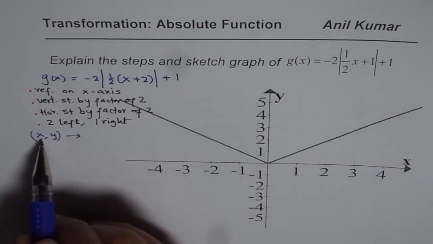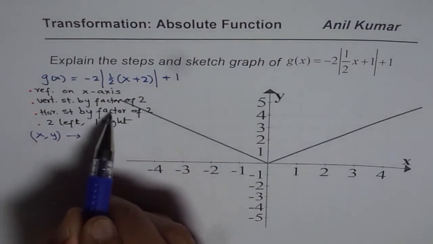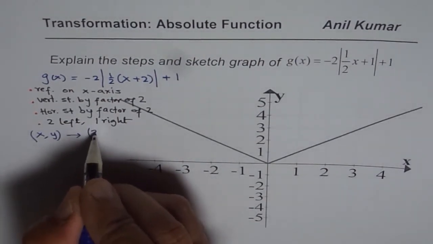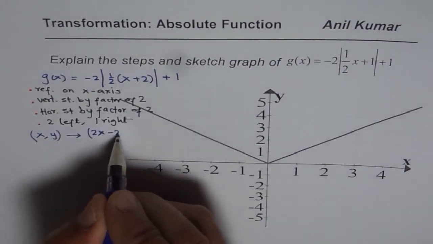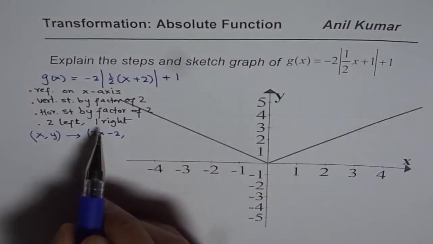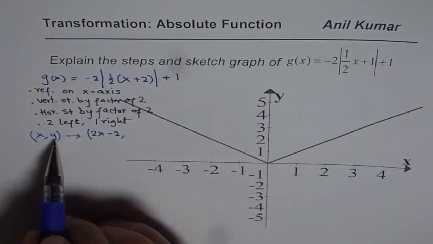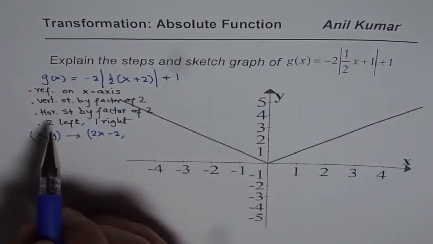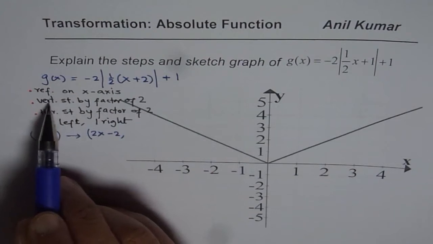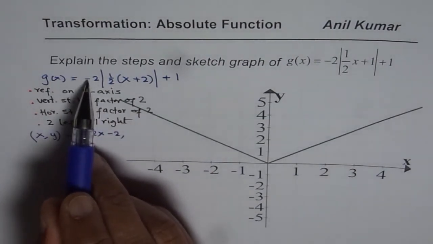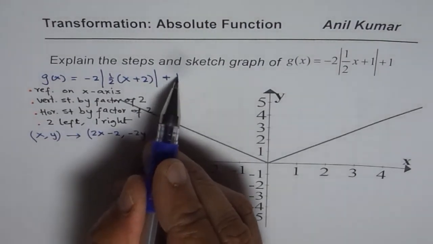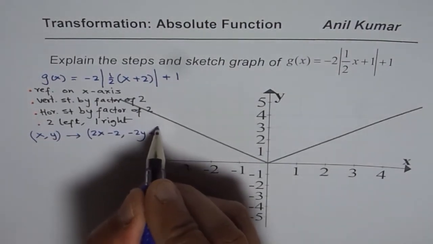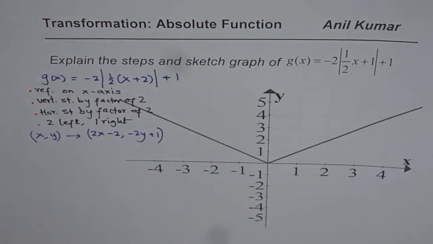As far as x is concerned, it is horizontally stretched by a factor of 2, which means it gets multiplied by 2. 2 units left means minus 2, right? As far as the y coordinate is concerned, reflection on the x-axis and vertical stretch by 2 means multiply y by minus 2. So it is minus 2y, and 1 unit up means plus 1.